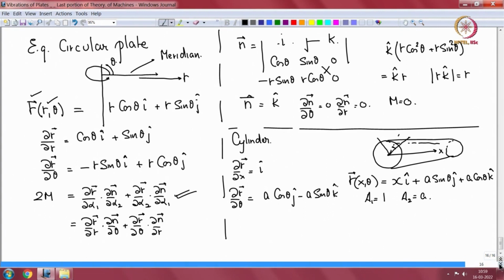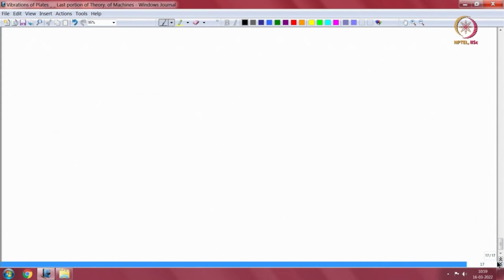Now I need to find the normal. Let us remind ourselves that del r by del x is equal to i, del r by del theta is equal to a cos theta j minus a sin theta k.